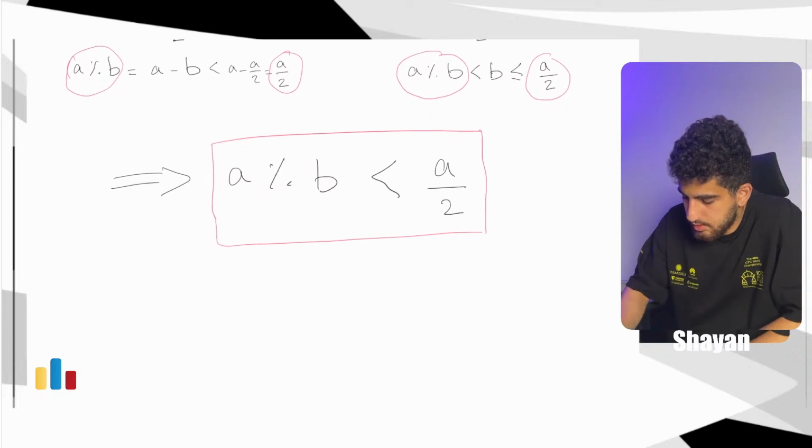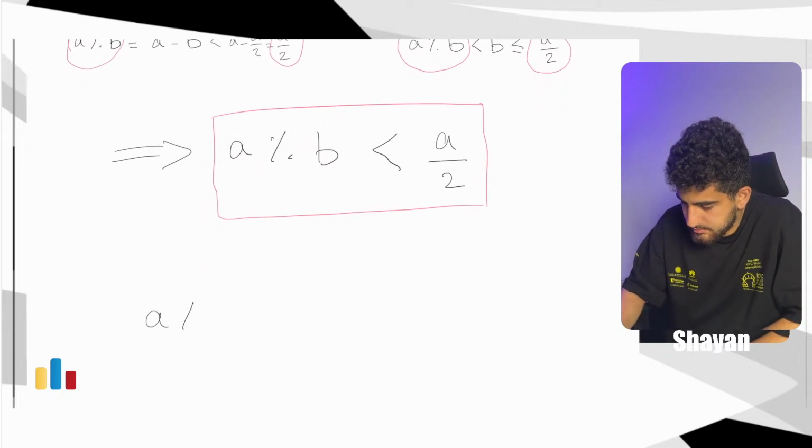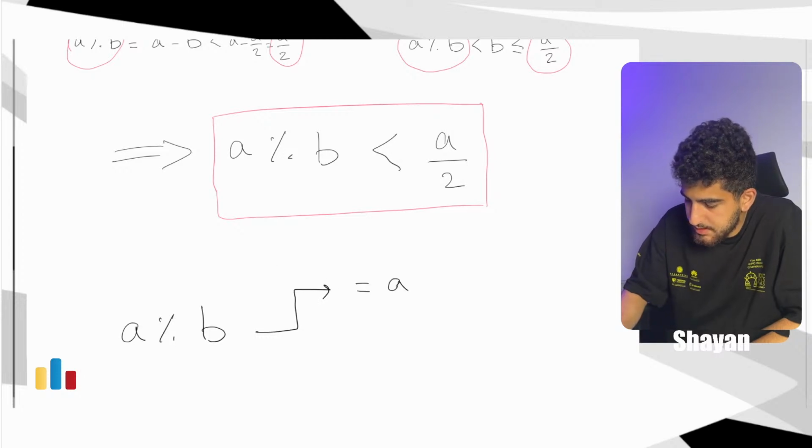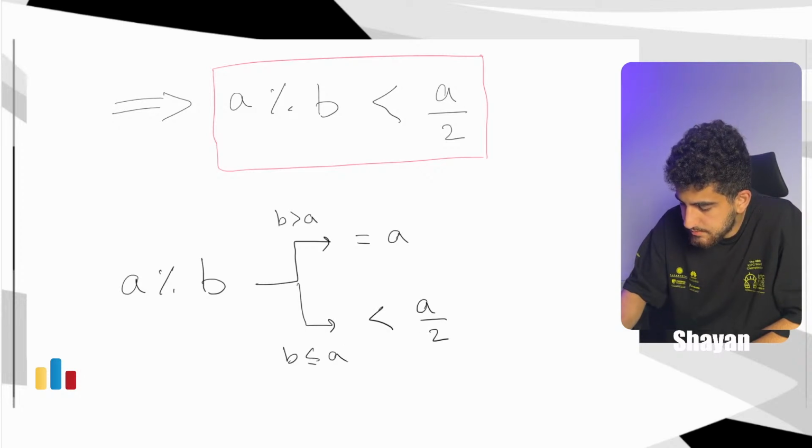A modulo B always is, let's make it a bit larger, A modulo B is either equal to A for when B is greater than A, or it is less than a half for when B is less than or equal to A.